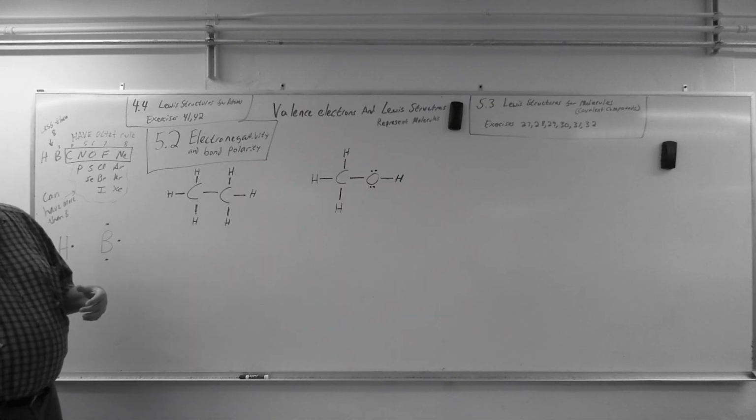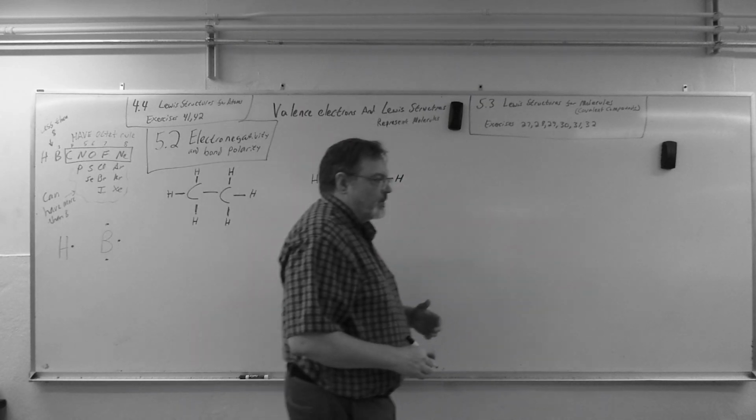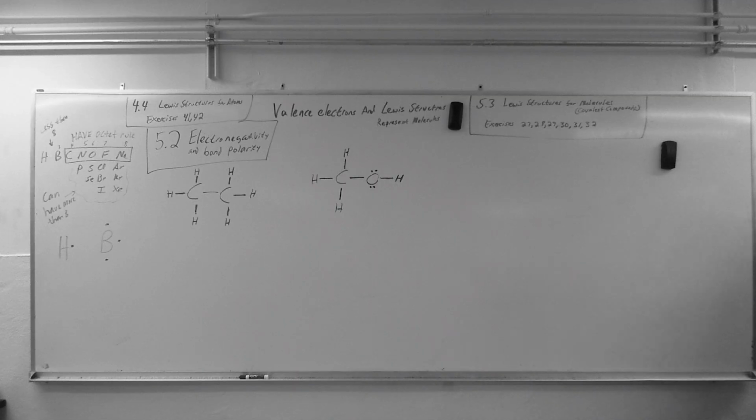Electronegativity. I'm sure the definition's in the book, but it's always very wordy. I suppose I'll bring it up, but I guess that would be the way to state it.